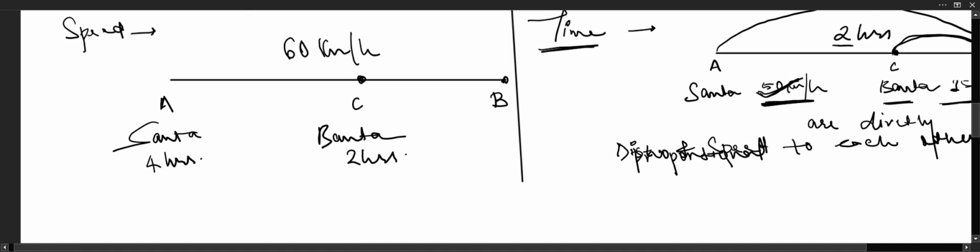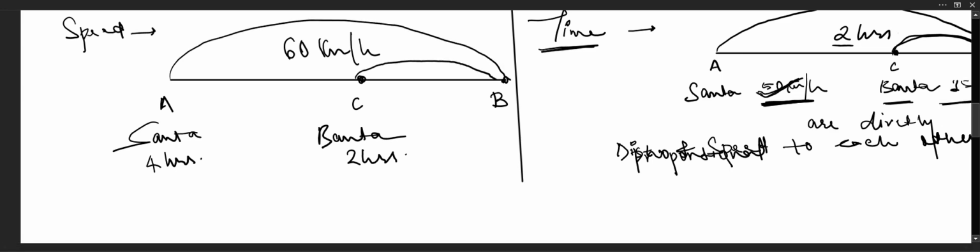In this case, we have seen that Santa is traveling more distance than Banta, and that is why time taken by Santa is more than Banta, because both of them are traveling with the speed of 60 km per hour.